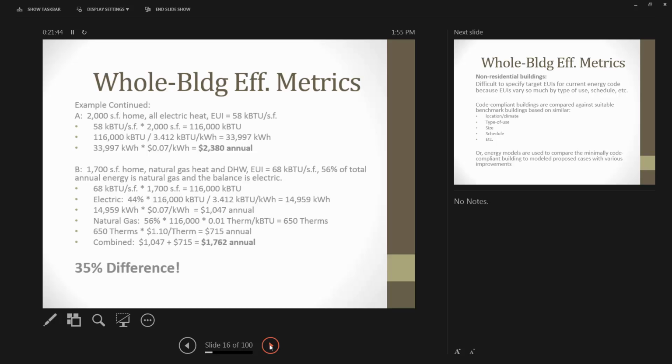We know the total BTU usage, and now we've just got to split it into the two different forms. So we've got to take the electricity back to kilowatt hours so we can price it. Okay. And then natural gas, we run our numbers on the natural gas. We're already in BTUs.